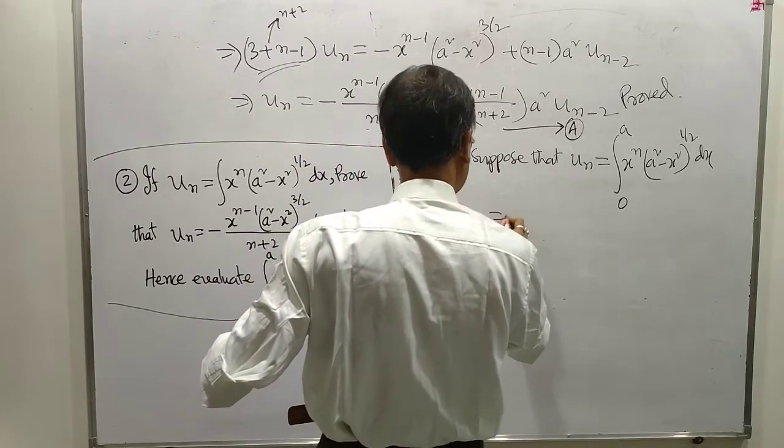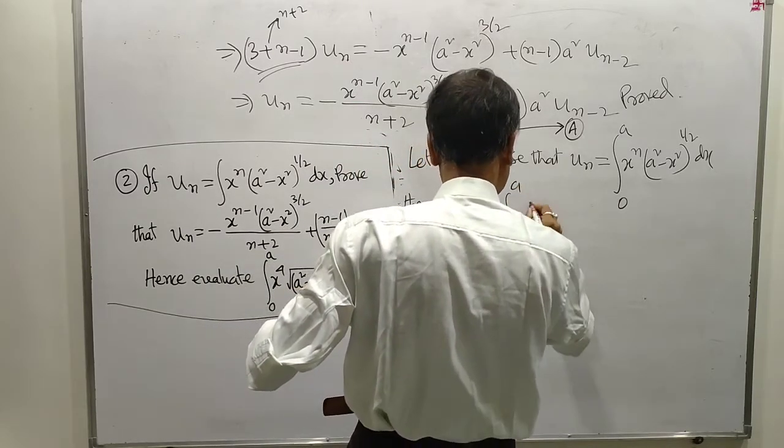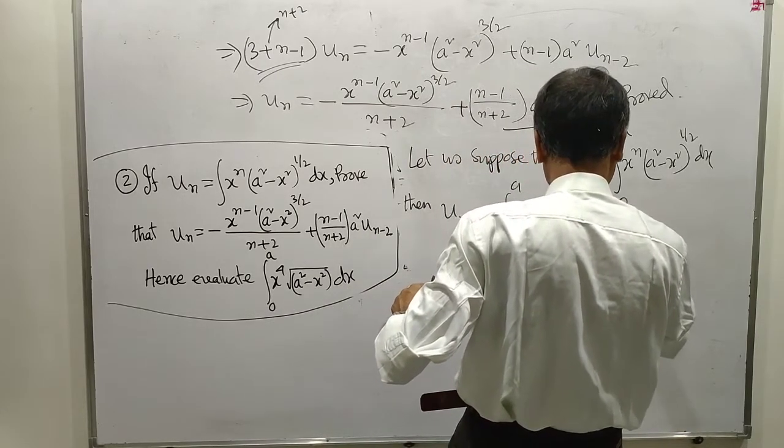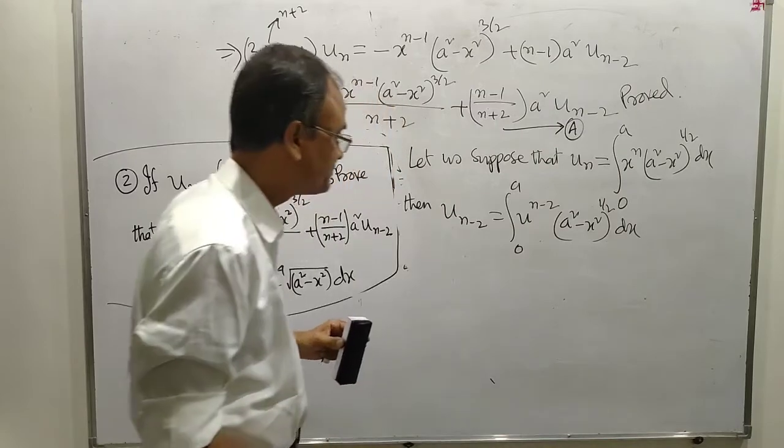Then from a we get un minus 2 will be equal to definitely the integration from 0 to a of x to the power n minus 2 times (a square minus x square) whole to the power half dx. It will be this.